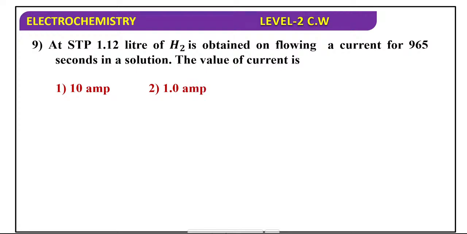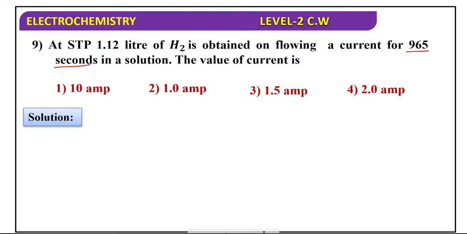Next is at STP, 1.12 liter of hydrogen is obtained on flowing a current for 965 seconds in a solution. The value of current is, see, time is given. So we have to calculate the value of the current. So you know, this is the reaction.